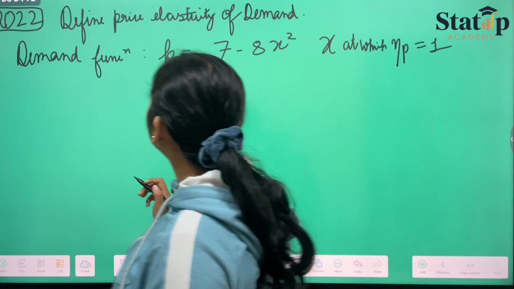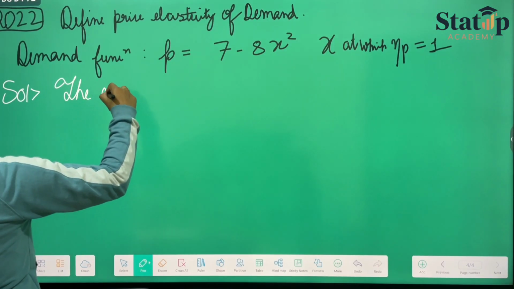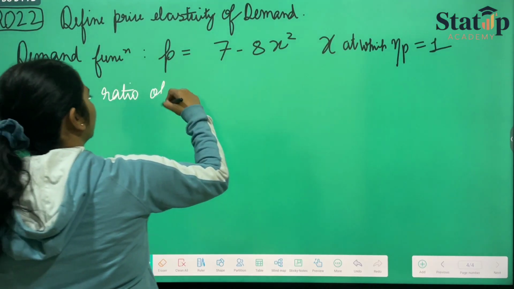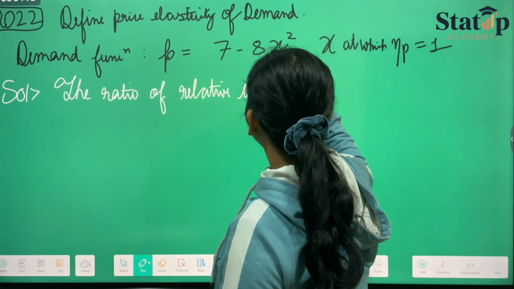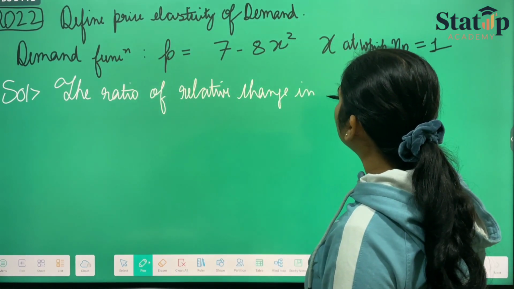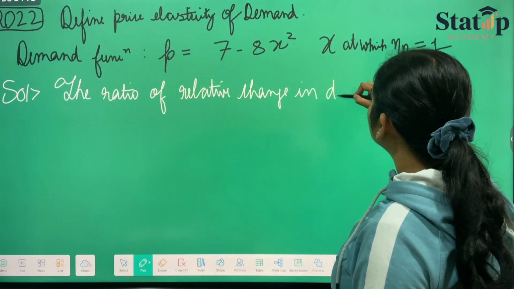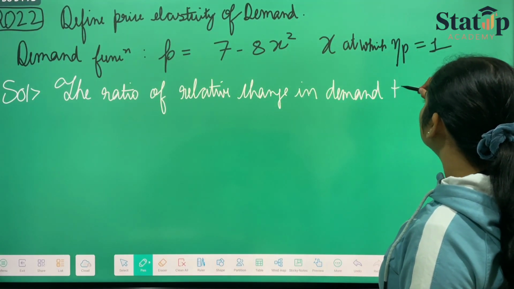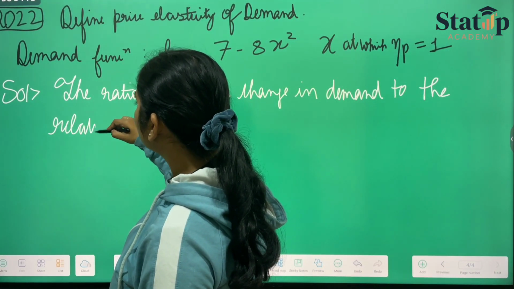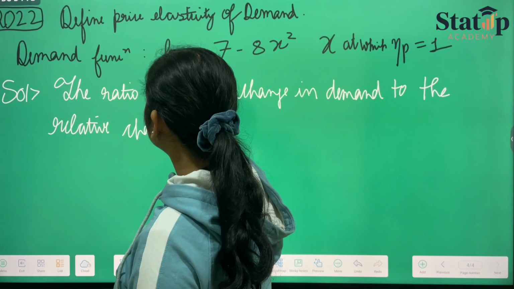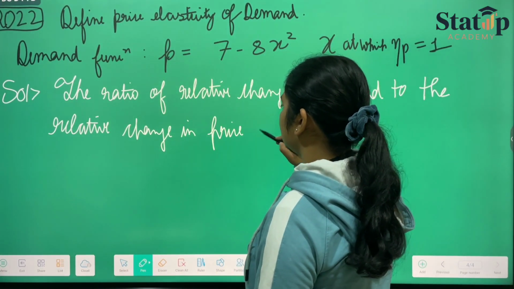So first of all, let us define price elasticity of demand. As we all know, the ratio of relative change in demand to the relative change in price is known as price elasticity of demand.